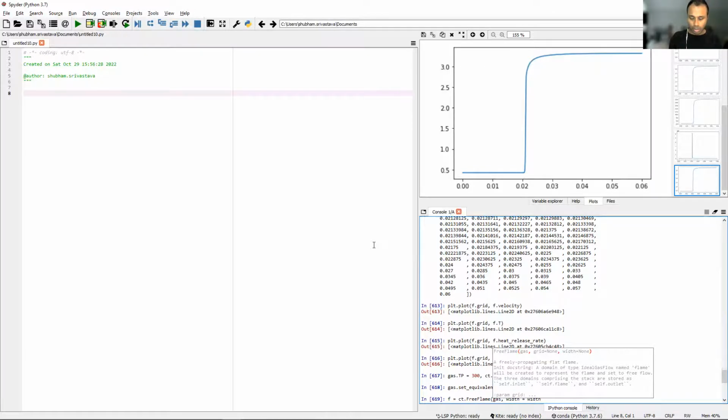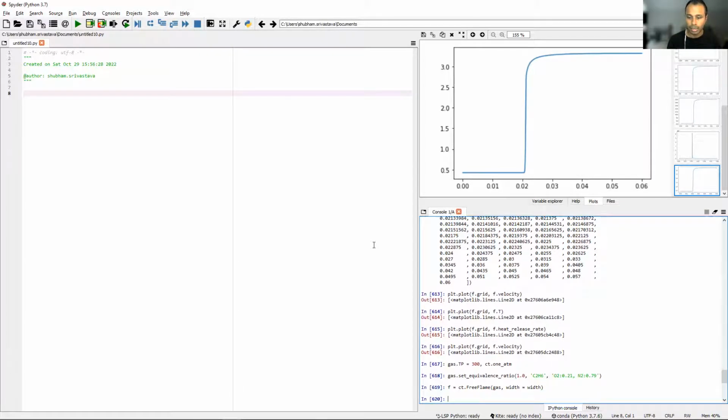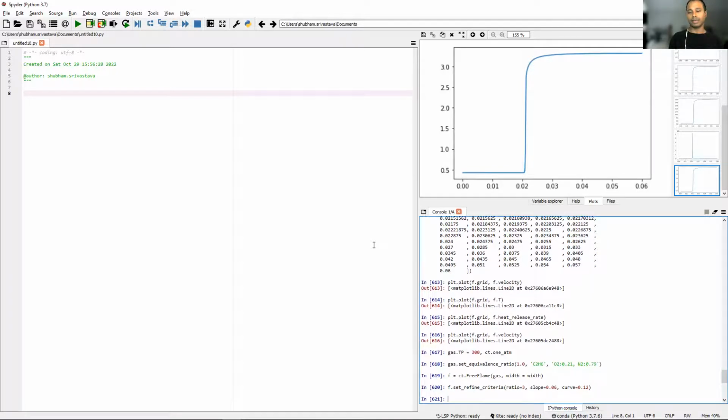So this will initialize the grid once more, right? And let me use the up arrow. It's becoming a bit tedious. Let me set the refinement criteria to the same thing that we originally had. And then finally, we will use the solve command. It's the same thing that we originally had again.